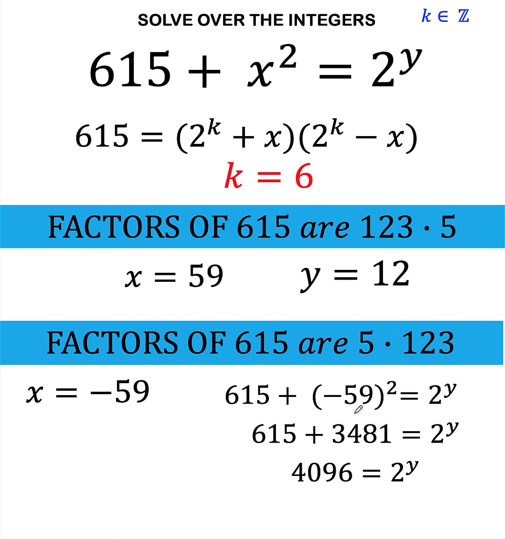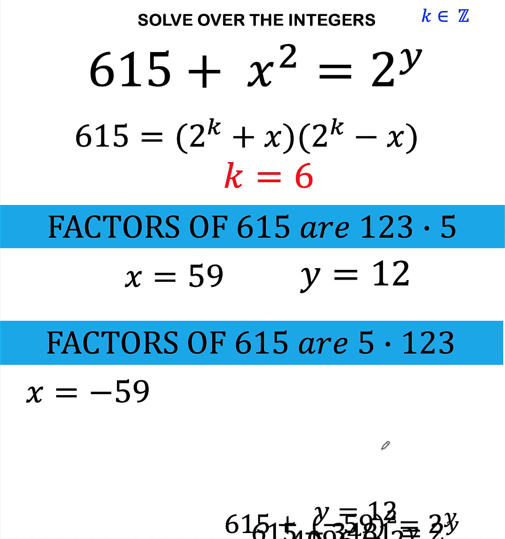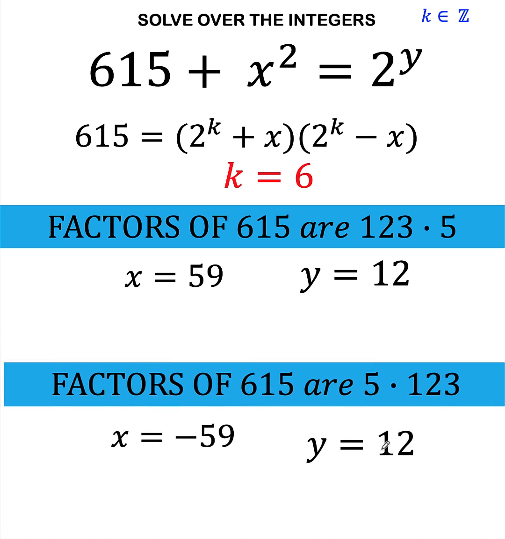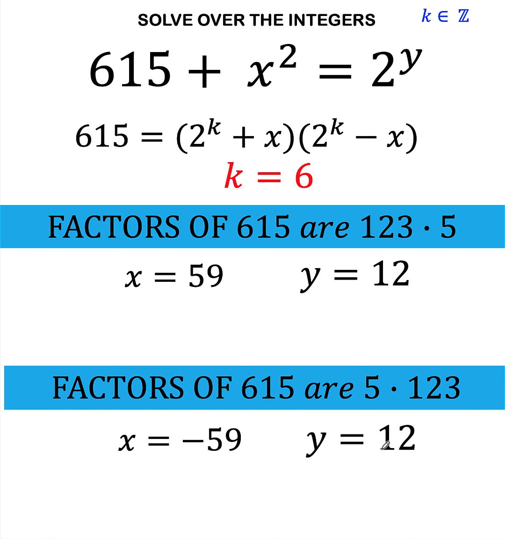Solving now for y, we arrive at the same value, y equals 12, because negative 59 times negative 59 becomes positive 3,481. This gives us again another ordered pair solution to our Diophantine equation. So these are now the two ordered pairs.